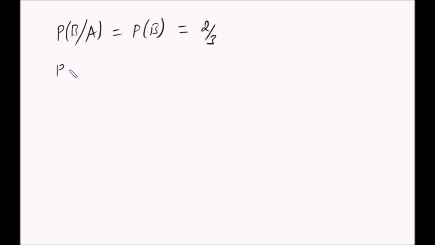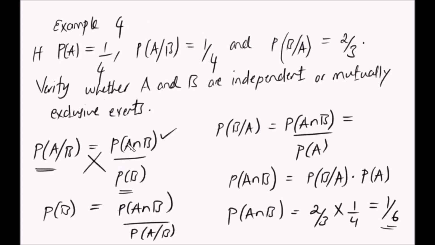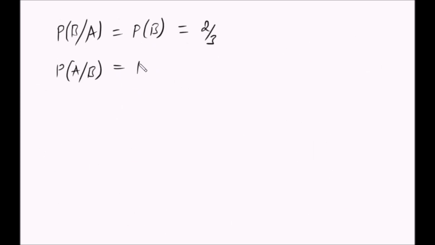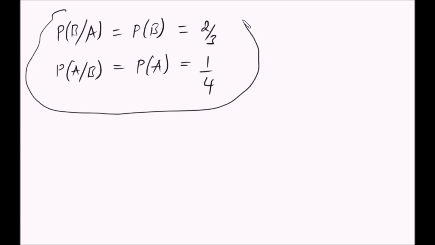Similarly, you can see kwamba probability of A given B kwenye swali tulikuwa tumepewa ni 1 over 4 na probability of A tena tulipewa ni 1 over 4. They're also the same. So this only proves kwamba these events were independent. So this is another way of proving that A and B are independent events.